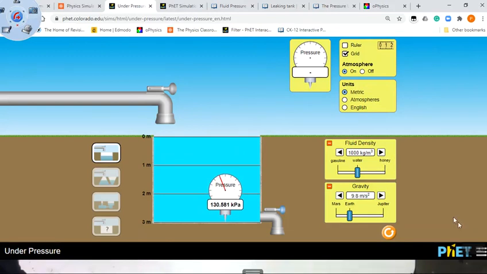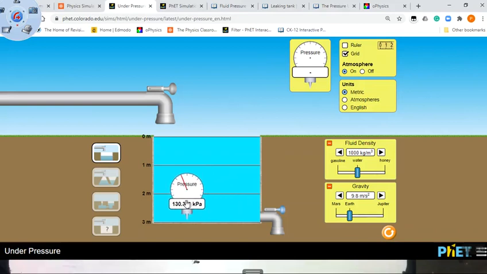Pressure increases with depth. Now I move around, and everywhere at the same level is the same pressure. At 2 meters it's around 120, and if I keep that needle around at the bottom, it's around 120.